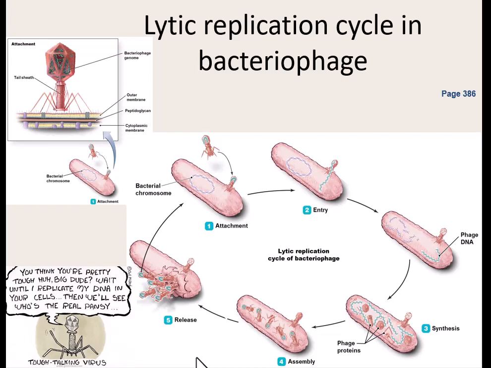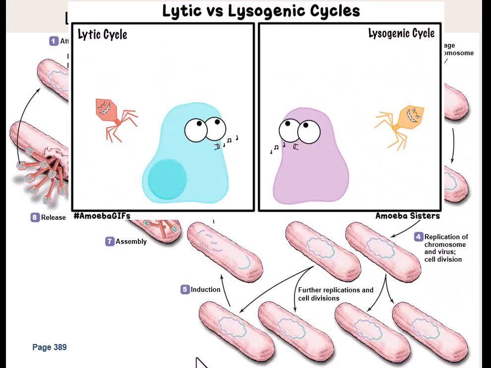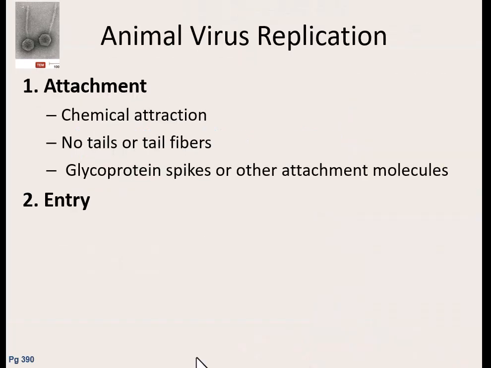The things that look like they should be landing on the moon only infect bacteria. Our viruses don't have those cool-looking landing gear tail fibers. Instead, they use some type of little glycoprotein spike, usually found in the outer membrane, to attach to our cells. A little different in attaching.